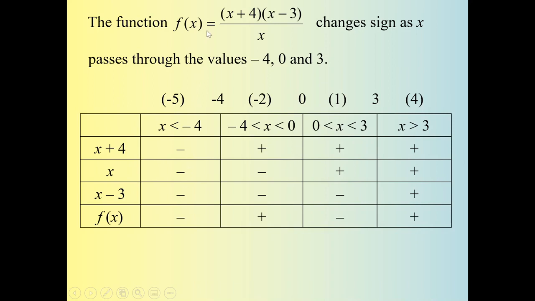Lastly, f(x) equals (x + 4)(x - 3) divided by x. We are going to use the sign: negative, divided by negative, times negative will give us a negative sign. Similarly, we have positive here, we have negative here, and we have positive here.